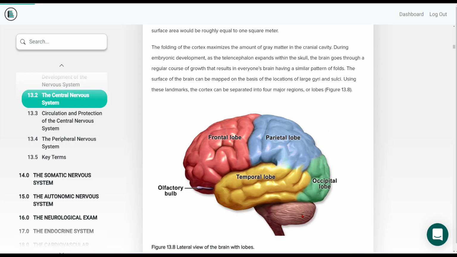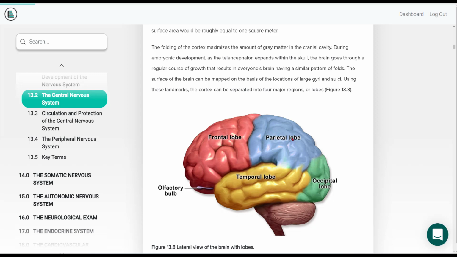The other way that I look at this is that there is a very deep groove right here that is found more anteriorly. So this is the anterior side, and we're definitely looking at the left hemisphere. What we can visibly see in the left hemisphere are 4 lobes. There's the frontal lobe, largely protected by the frontal bone.